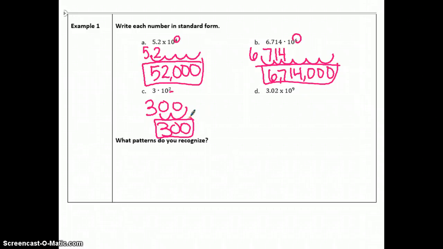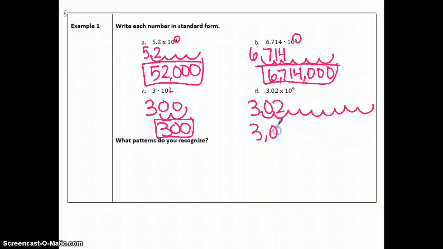Okay, 3.02 times 10 to the 9th. 1, 2, 3, 4, 5, 6, 7, 8, 9. Fill that in. 7 zeros at the end there.